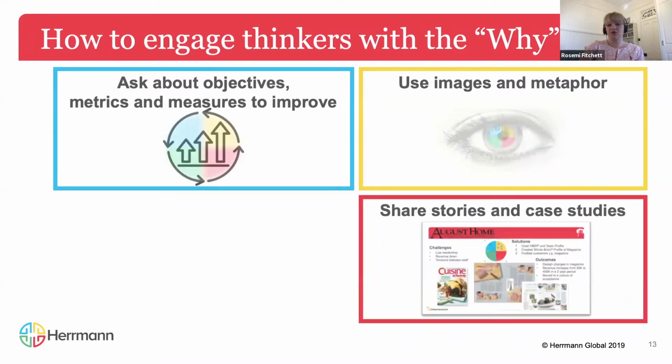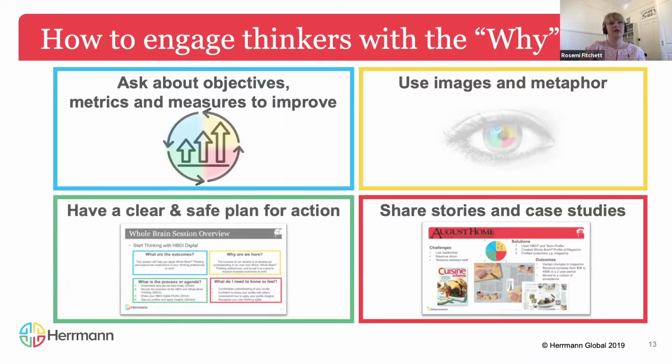In the red quadrant, it's about the stories and the case studies, the examples that whole brain thinking does work, does have an impact. The August Home example is there, and it talks about the shift in revenue from 80K to 450K in a two-year period. So what stories, and you might have your own personal success stories you can share. And lastly, in the green quadrant, I need to have a clear and safe plan of action.